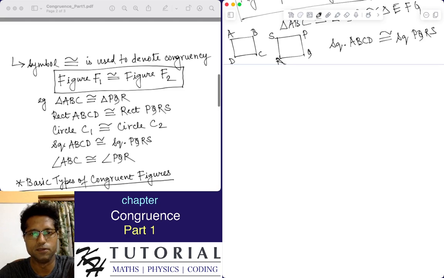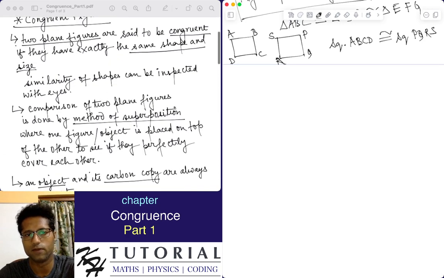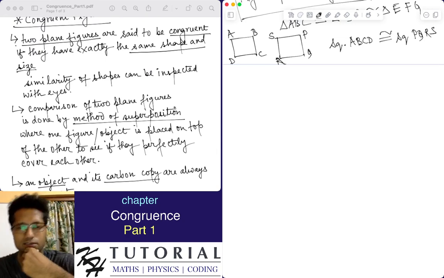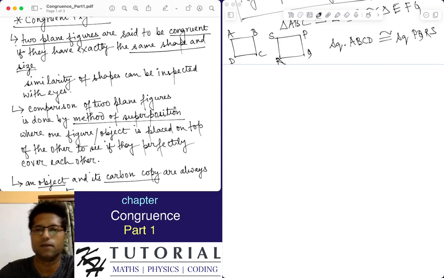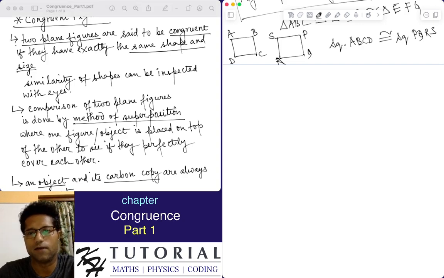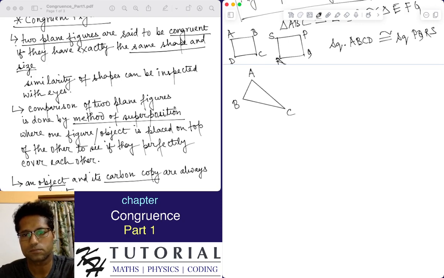Now let's discuss some basic types of congruent figures. I hope it is very clear that two plane figures are said to be congruent only when both their shape and size are exactly the same. Now let's say I have this triangle ABC. Before going on to the next topic, types of congruent figures, let me clarify one thing which is very important. So let's say I have a triangle ABC.